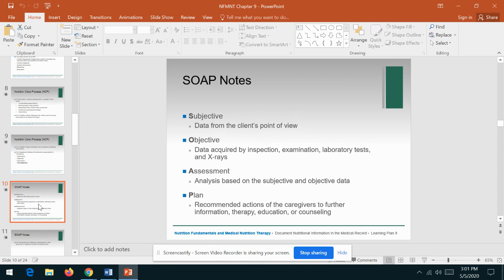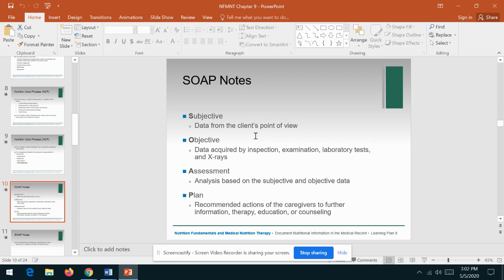So we then have information on our SOAP note. And in your book, you have a very helpful chart on page 201 that talks about the different information that needs to be put in the SOAP note and where. SOAP stands for Subjective, Objective, Assessment, and Plan. The subjective is information from the client or their family that you gather when you're interviewing them.